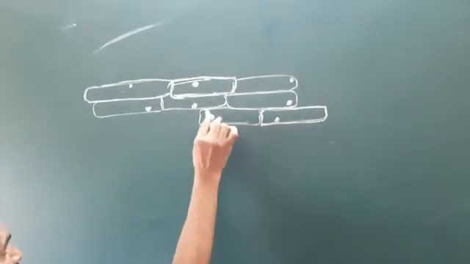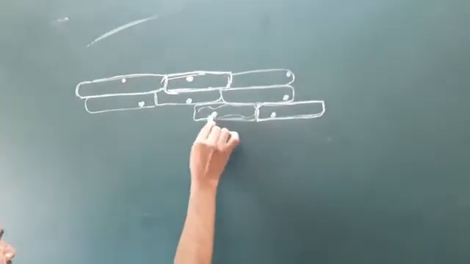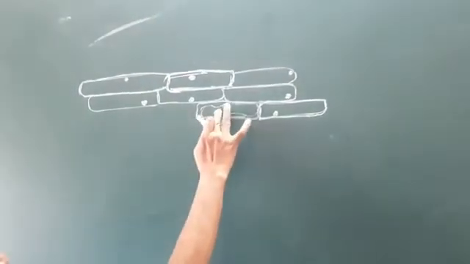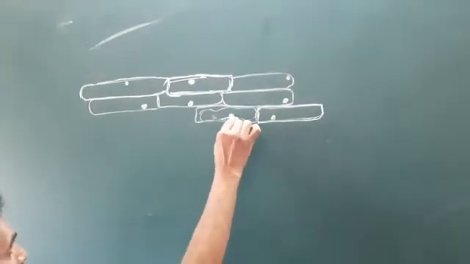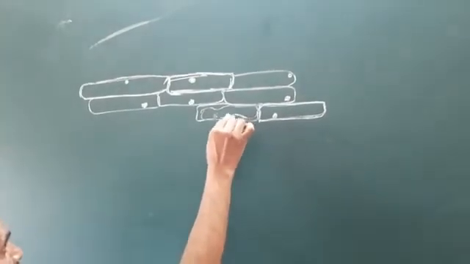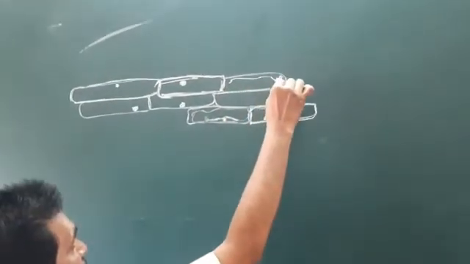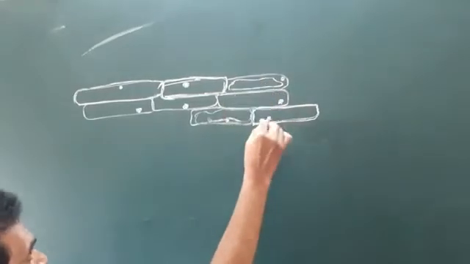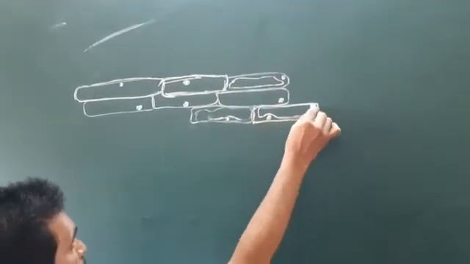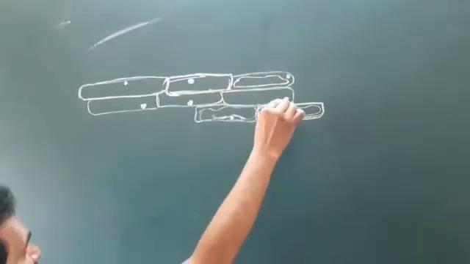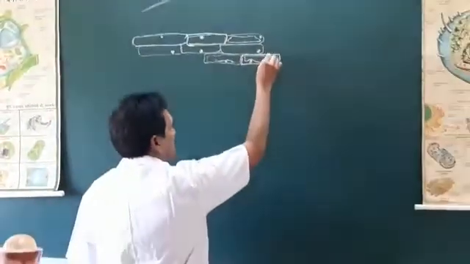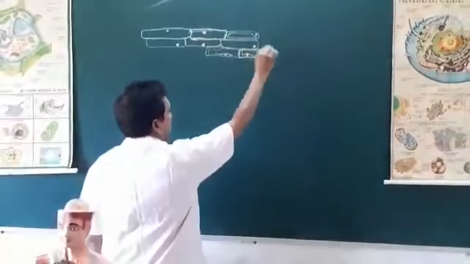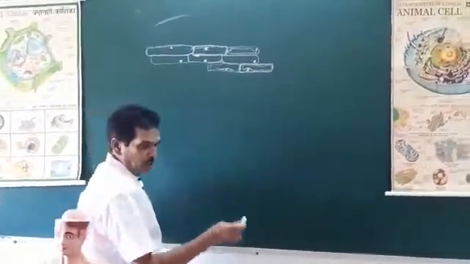And empty space in between indicating large vacuoles. Large vacuoles you can see like this. Okay, empty space, red color. So it's a plant cell, obviously: cell wall, prominent nucleus, huge vacuole.